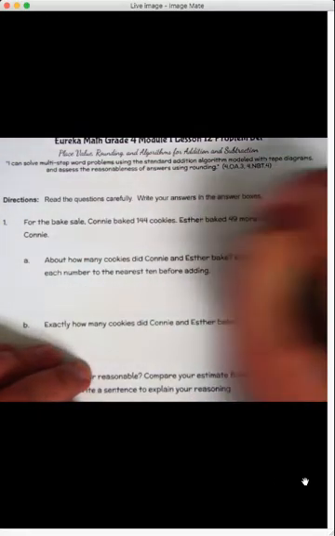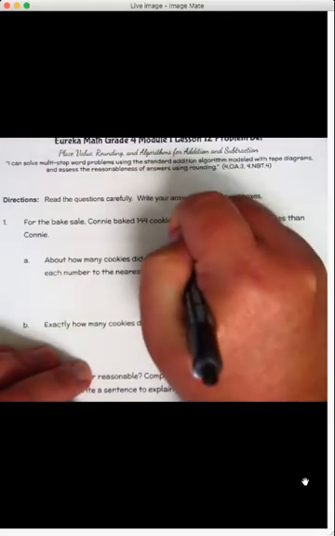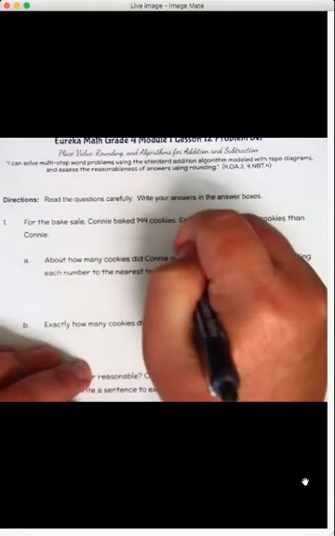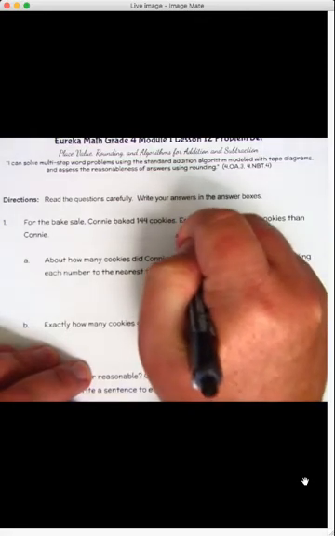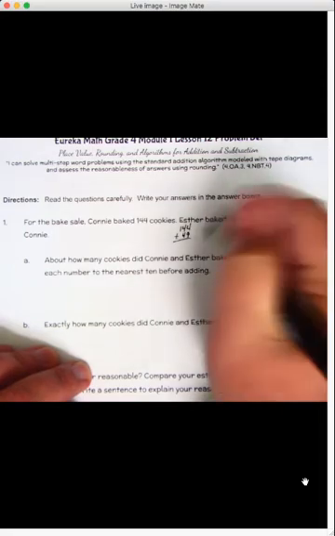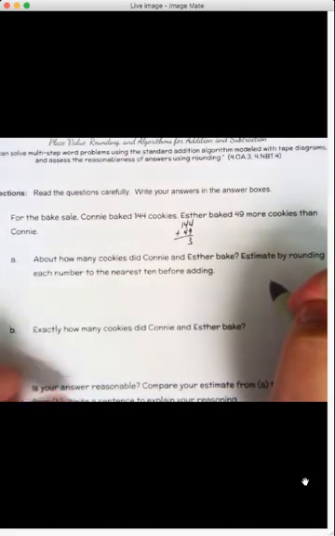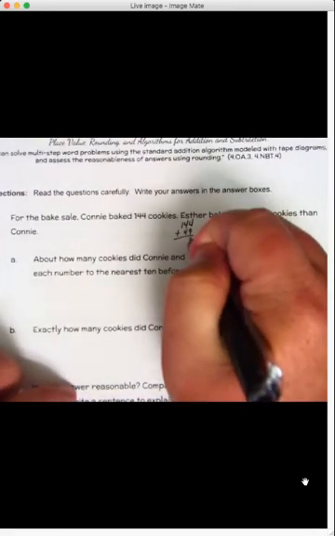So we're going to go over here before we start even doing anything else. We're going to do our 144 that Connie baked plus the 49 more than 144 Esther baked. So then we're going to add this. 4 plus 9 is 13.